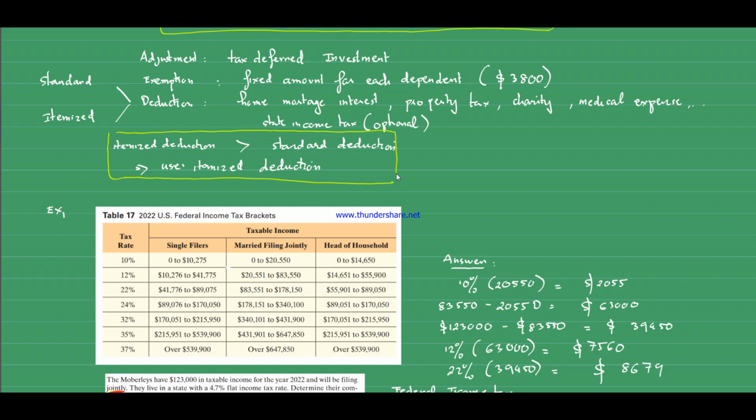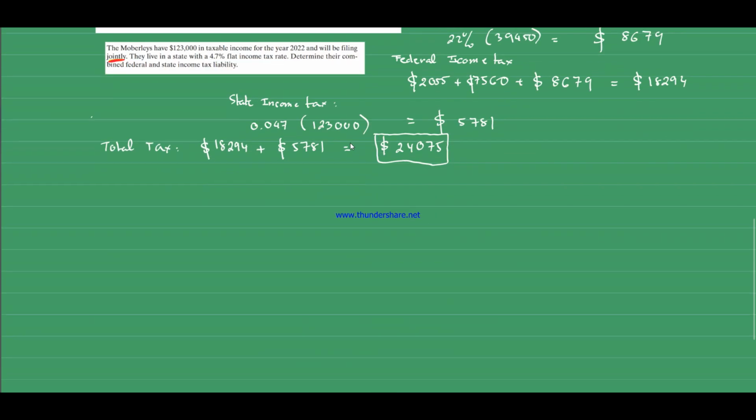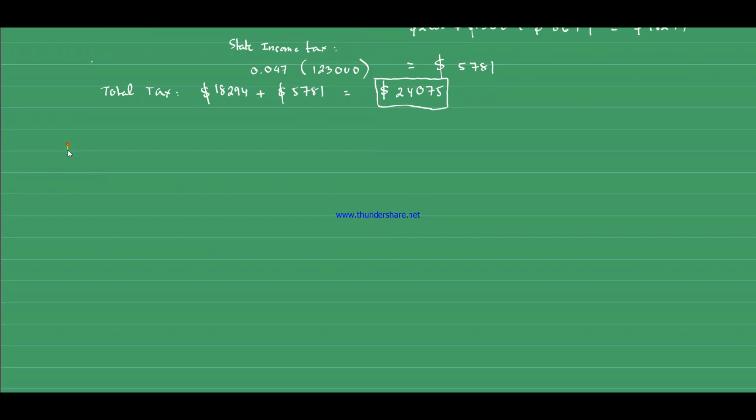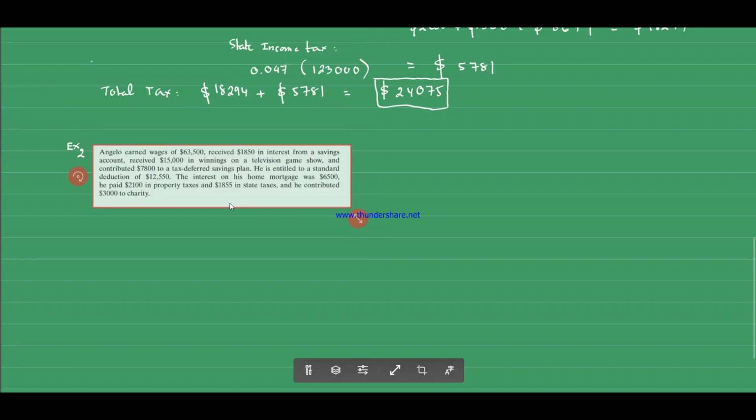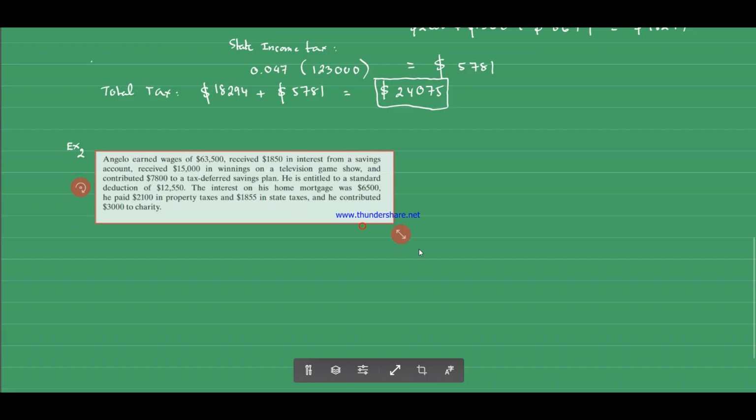So in the second example, because they mentioned the deduction, we gotta see if it is itemized deduction or standard. Which one is better? Let's bring the problem here. Let's say we have any itemized deduction or not. The interest on his home mortgage is 6,500.